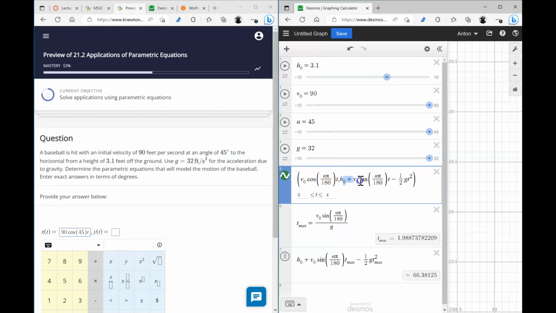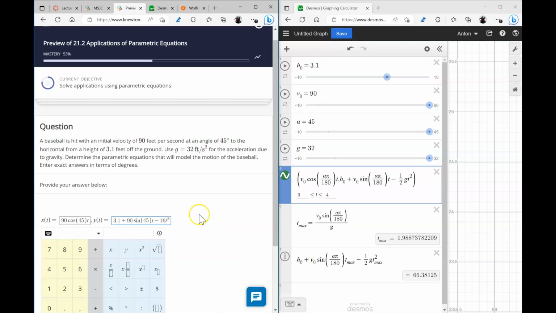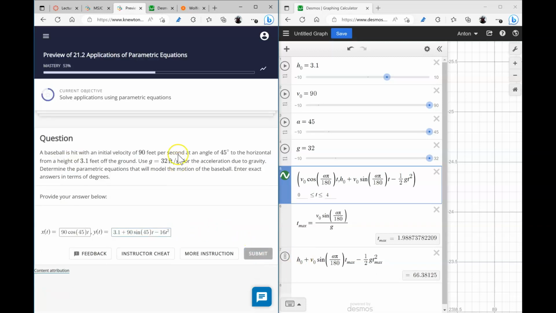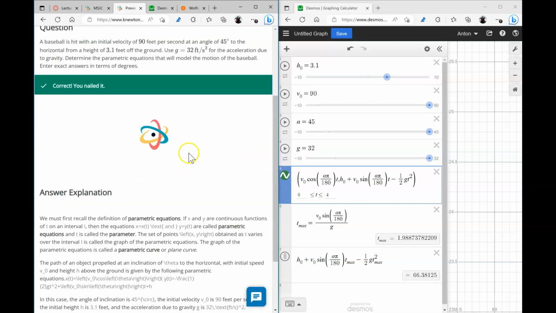That's what they want. G is 42, so we're going to put 16 over here. All right.